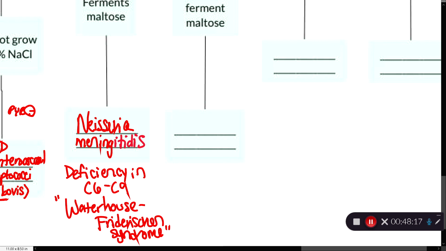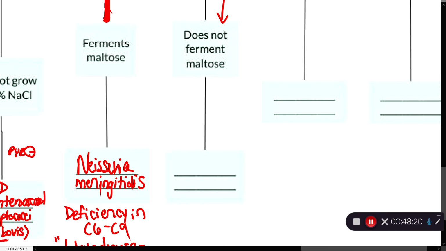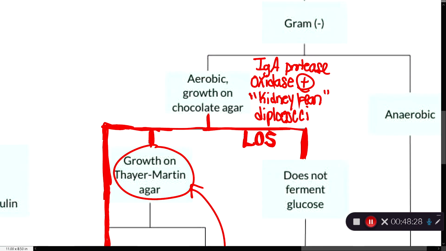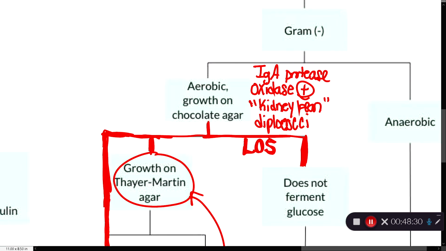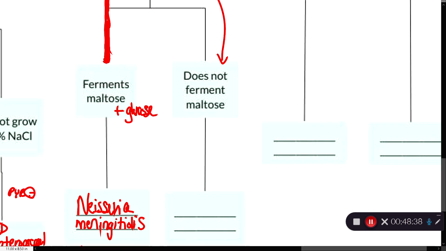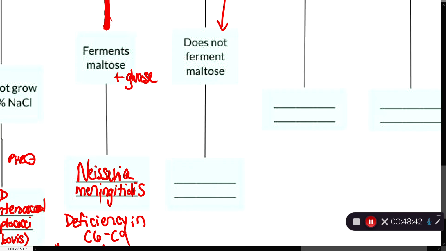Okay. The second one, so this ferments maltose and glucose, which is why it fell under. Interesting. Did not put that up there. Okay. So both Neisseria will ferment glucose, but only Neisseria meningitidis will also ferment maltose.